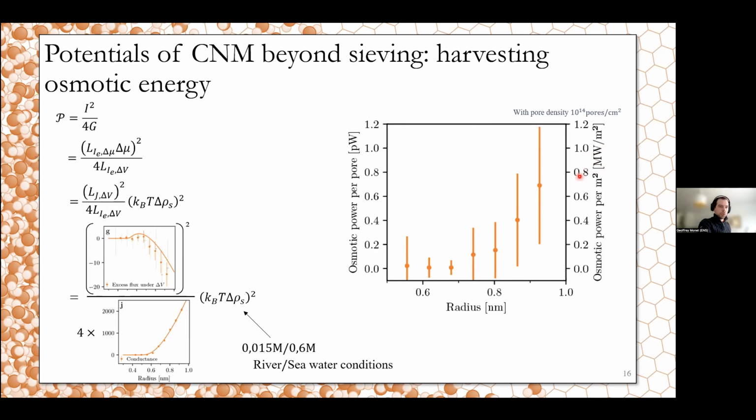This is huge because actually a membrane that produces only 20 watts per square meter is already a very good membrane for blue energy. Here, of course, when we stack nanopores, this performance will be reduced. But it shows that carbon nanomembranes may offer a unique avenue as membranes for osmotic energy harvesting.